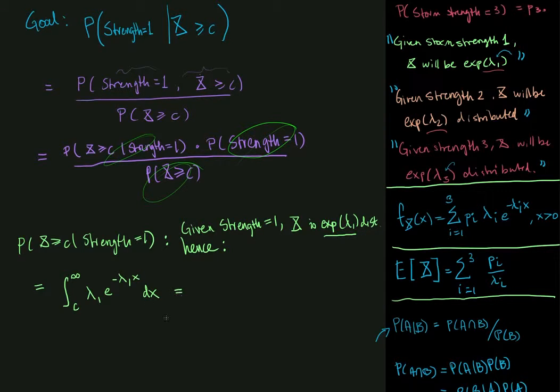And if I integrate this, let's see, what do I get? What I get is e to the minus lambda 1 x, because I will have lambda 1 divided by lambda 1, which cancel out, and I evaluate that in c and infinity respectively.